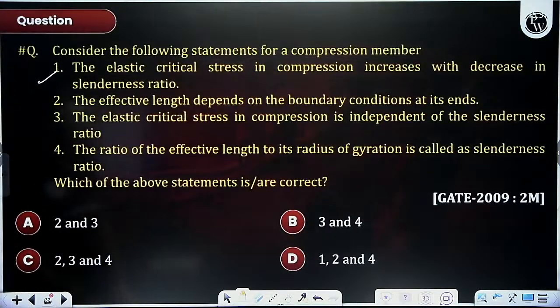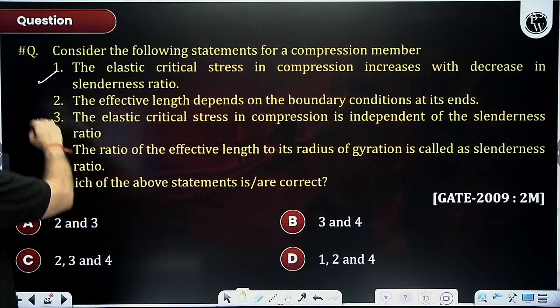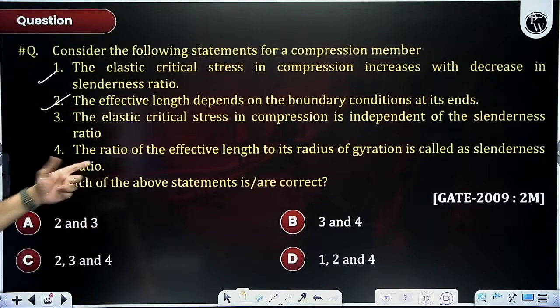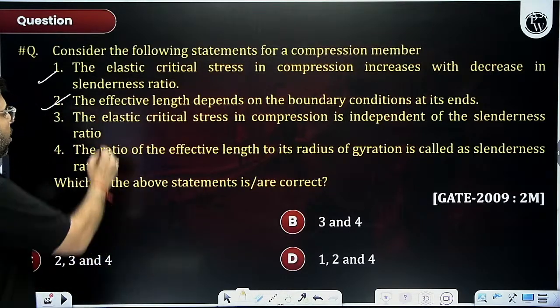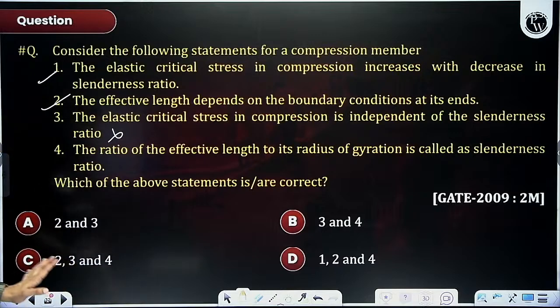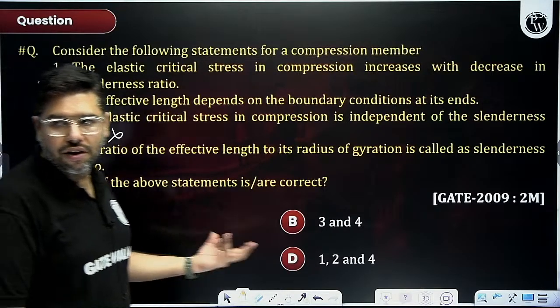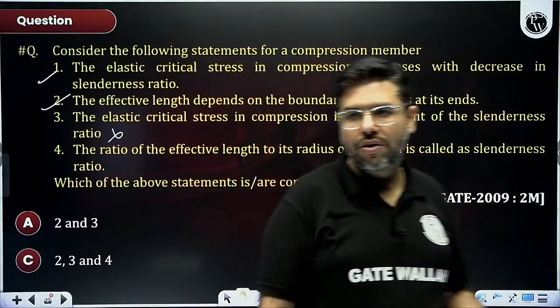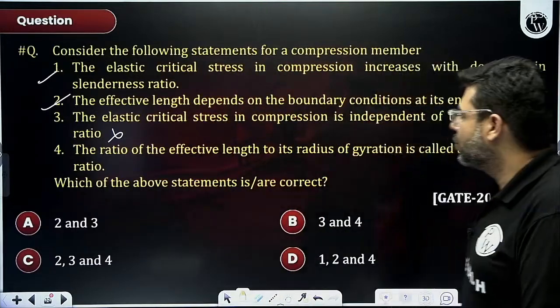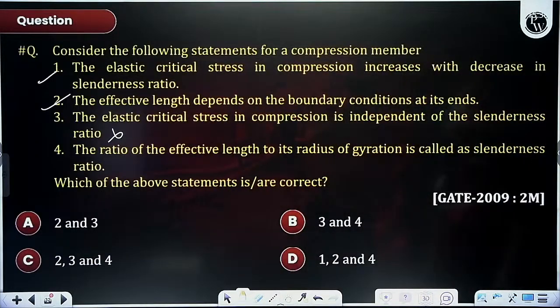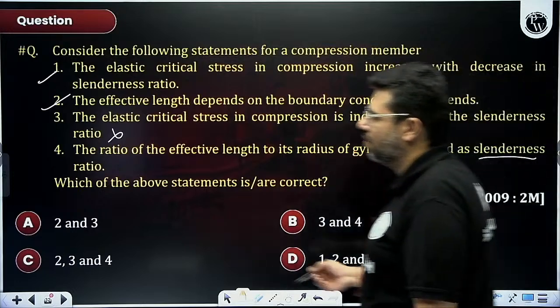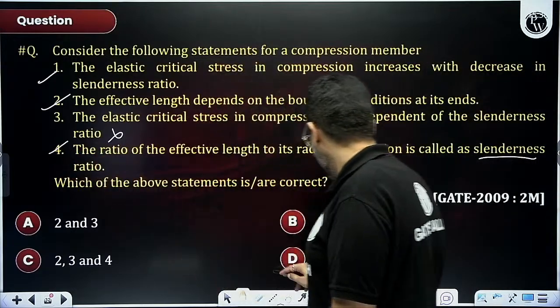First statement, the effective length depends on the boundary condition at its end. That is also correct. The elastic critical stress is independent of strength ratio. This is wrong. Third statement is wrong. So A, B, C can't be the correct answer. Ratio of the effective length to its radius of gyration is known as strength ratio only. So fourth is correct. 1 and 4, that is C.